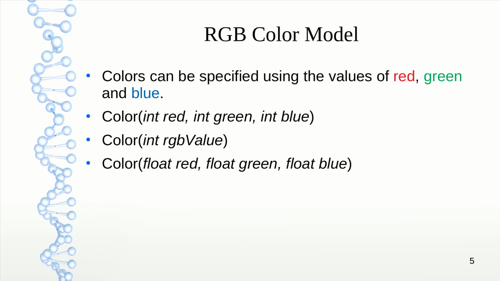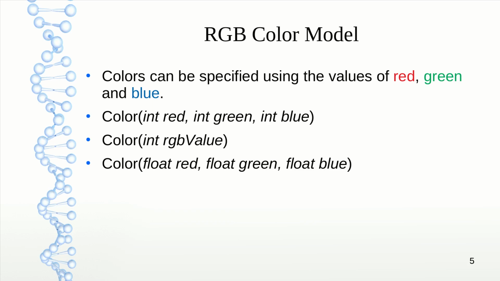RGB color model is a very popular one, and here a color is represented as a combination of the primary colors red, green and blue, and as a result we have three different constructors for the Color class.